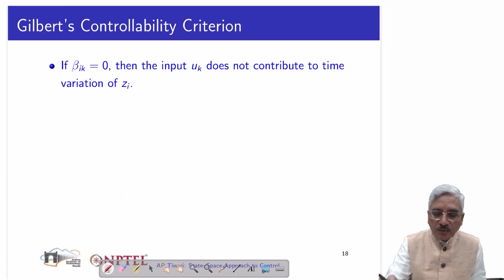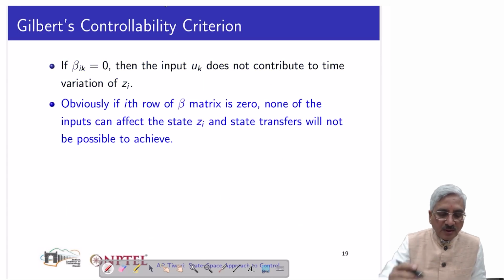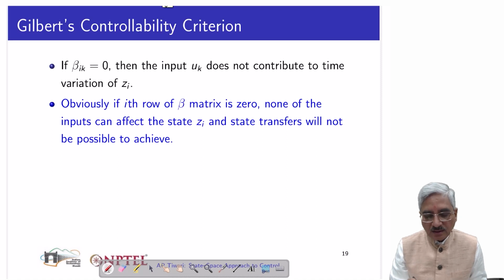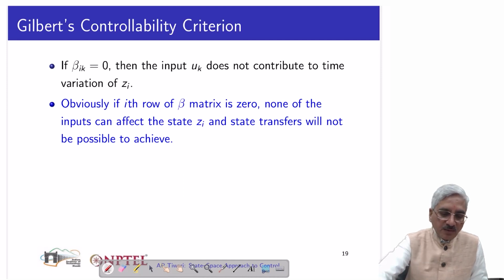And that proves Gilbert's controllability criterion, that state transfer will not be possible if all entries in a row of the system in the diagonal form are 0, or there should not be any 0 row in the input matrix of the diagonalized system for controllability of the system. This is Gilbert's criterion.